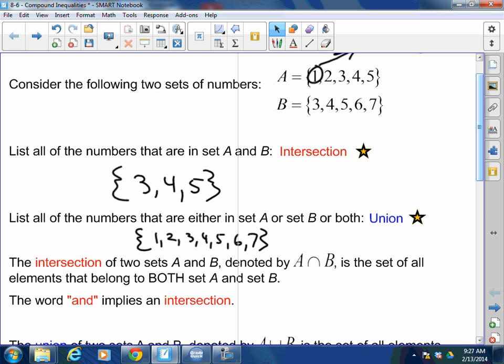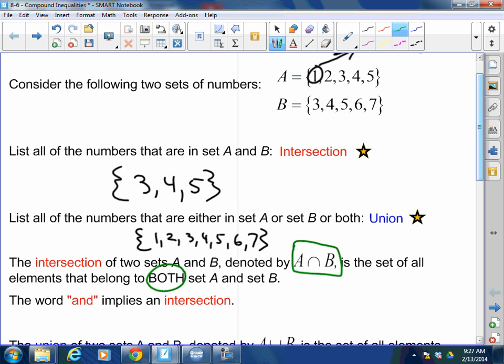So where am I going with all this? The intersection of two sets A and B, which is denoted by this little symbol here, A with an upside down U, is the set of all elements that belong to both set A and set B. When they belong to both.